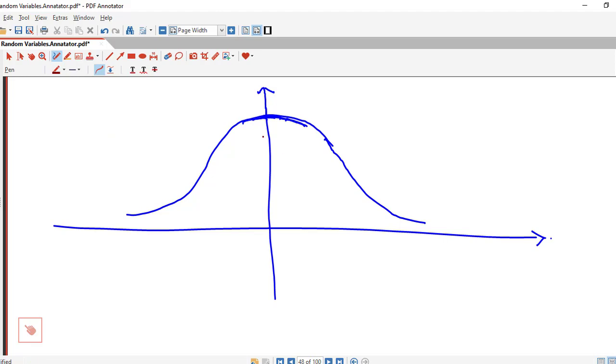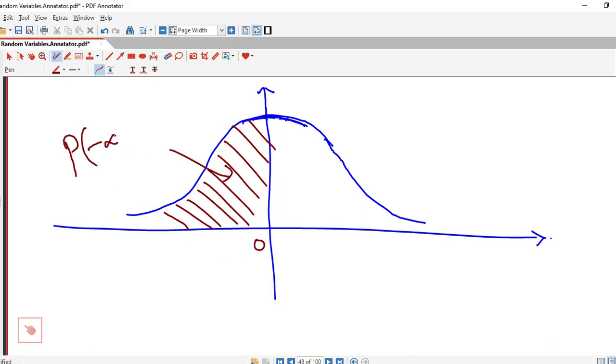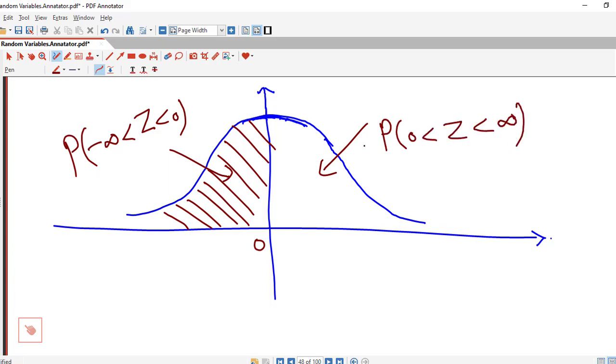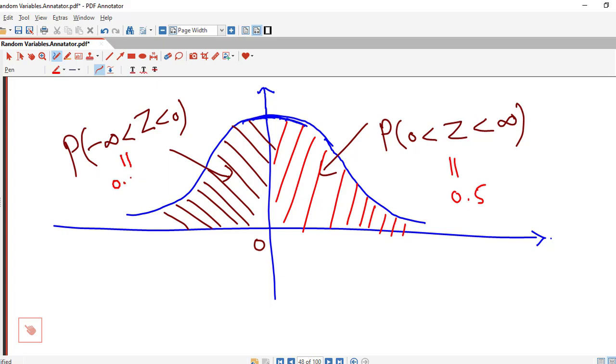It is always symmetric about the y-axis. The area to the left side of the y-axis, the probability that minus infinity is less than Z less than 0, and the area to the right side of the y-axis are always equal, and the equal value is 0.5 because the sum of these two areas must be 1.